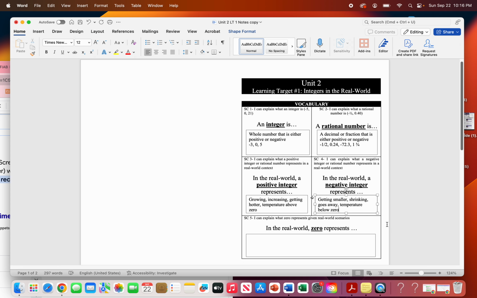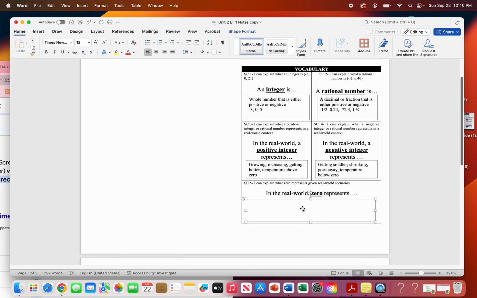Right? And then lastly, for our vocabulary, in the real world, according to success criteria number 5, 0 represents sea level. It also represents being at the entrance. It could also represent having nothing. Any of those things would work.